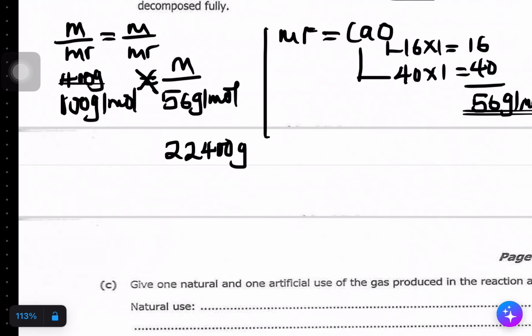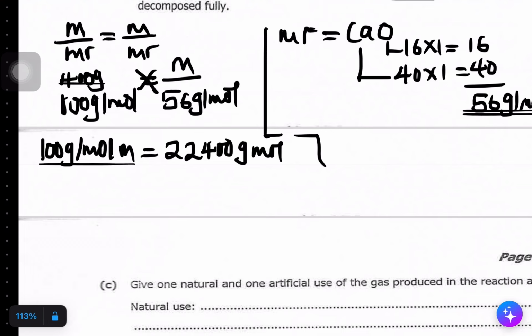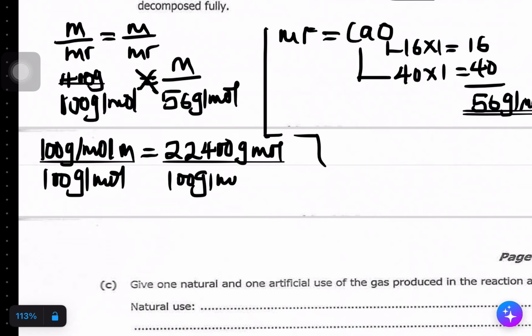On the other side, mass times 100 grams per mole gives 100 grams per mole times m. So we divide both sides by 100 grams per mole.